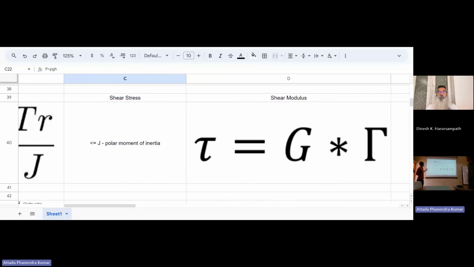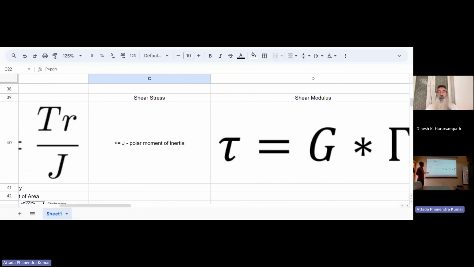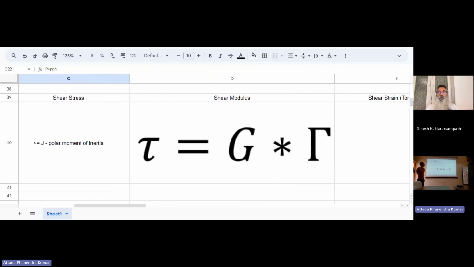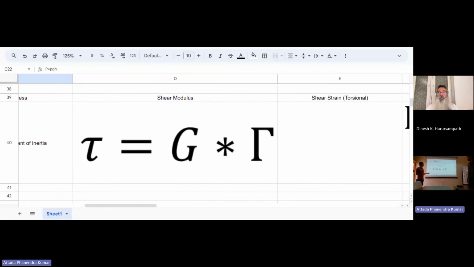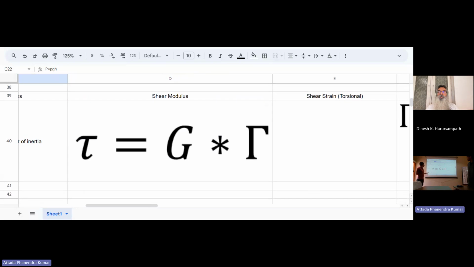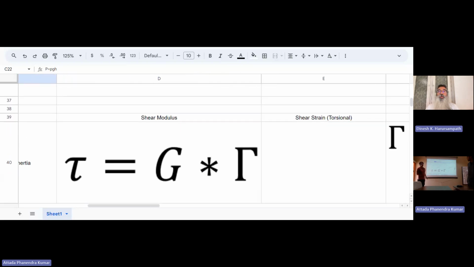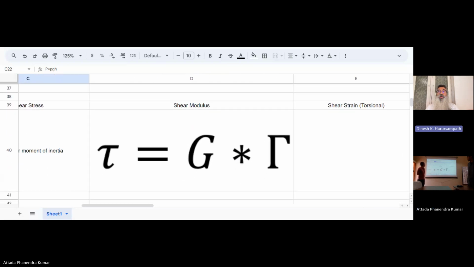So we get shear stress based on torsion. Then we can use the shear modulus equation to go from shear stress to shear strain. Shear stress is the shear modulus multiplied by shear strain. I would like you to be a little more specific in terms of the tau, G, gamma, etc., with subscripts for the final presentation tomorrow.